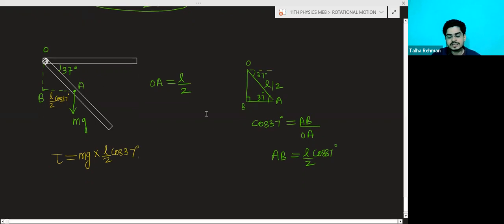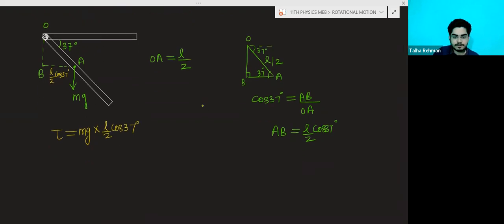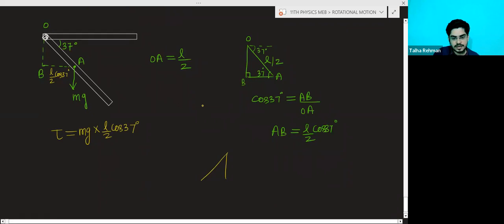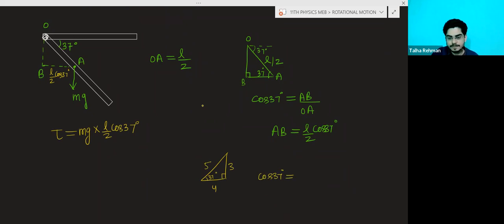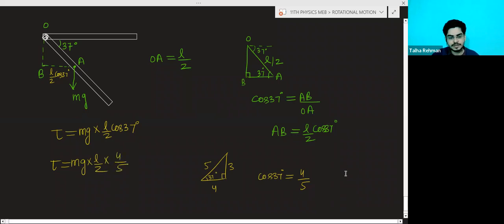Cos 37 you can find with the help of this triangle again: this angle is 90 degrees, this is 37 degrees, and the sides are 3, 4, 5. Cos 37 is base divided by hypotenuse, which is 4 by 5. So torque is mg multiplied by L by 2 times 4 by 5.